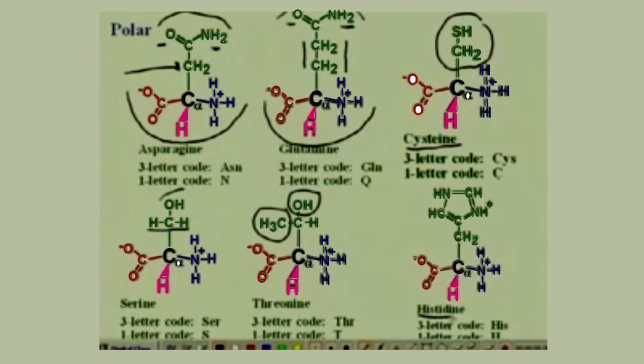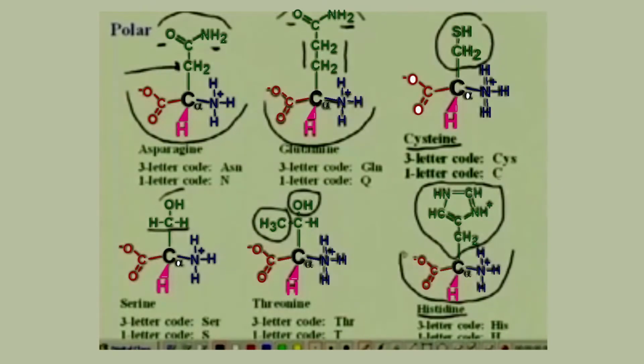This is histidine. Histidine is a very important amino acid which we will come across a lot when we consider the enzymes and the enzyme mechanisms, because of the specific properties of this side chain, that is an imidazole group.